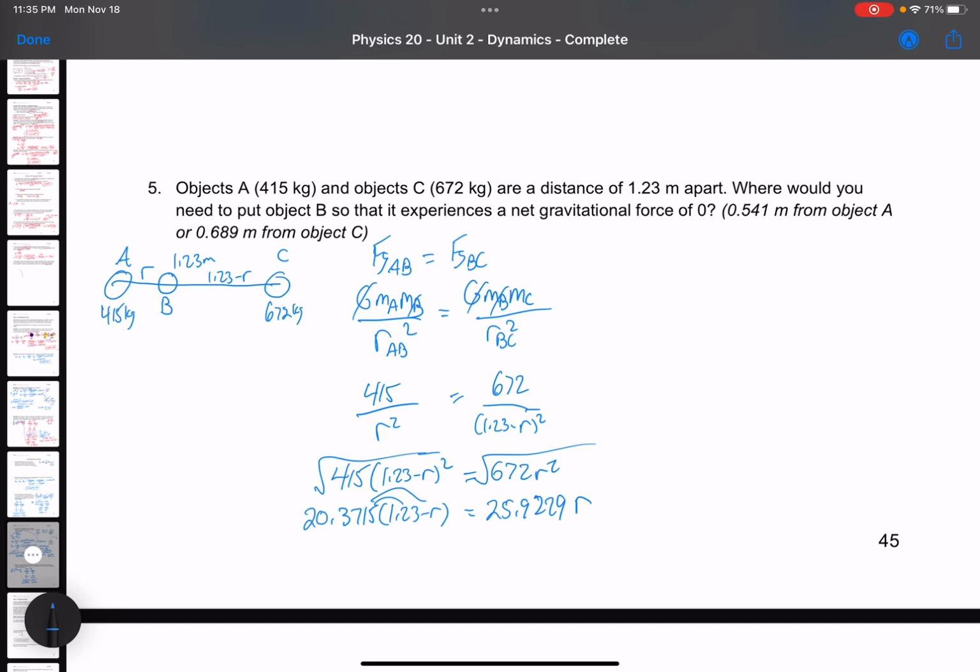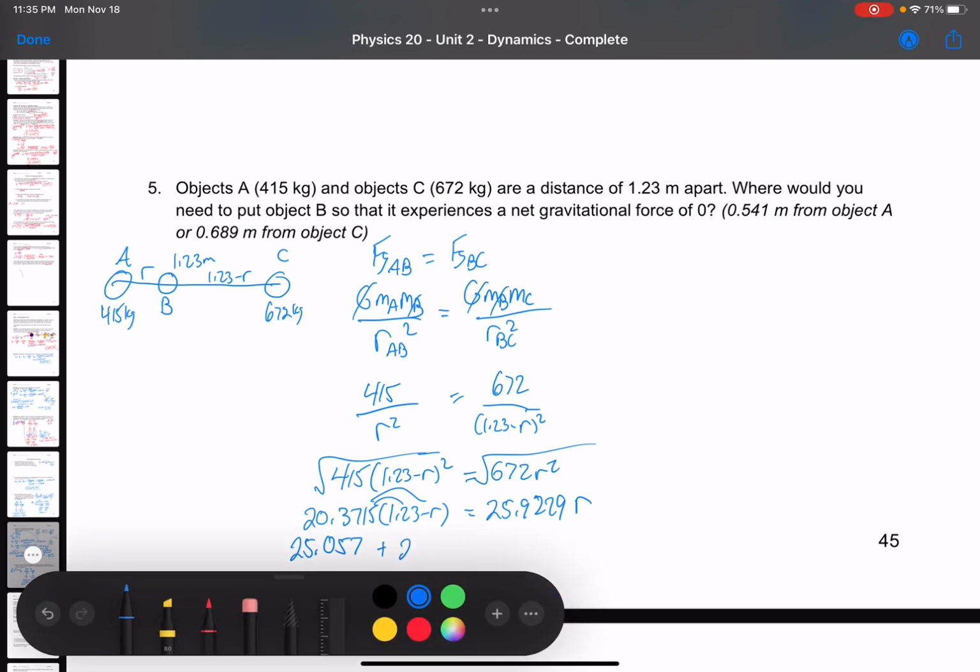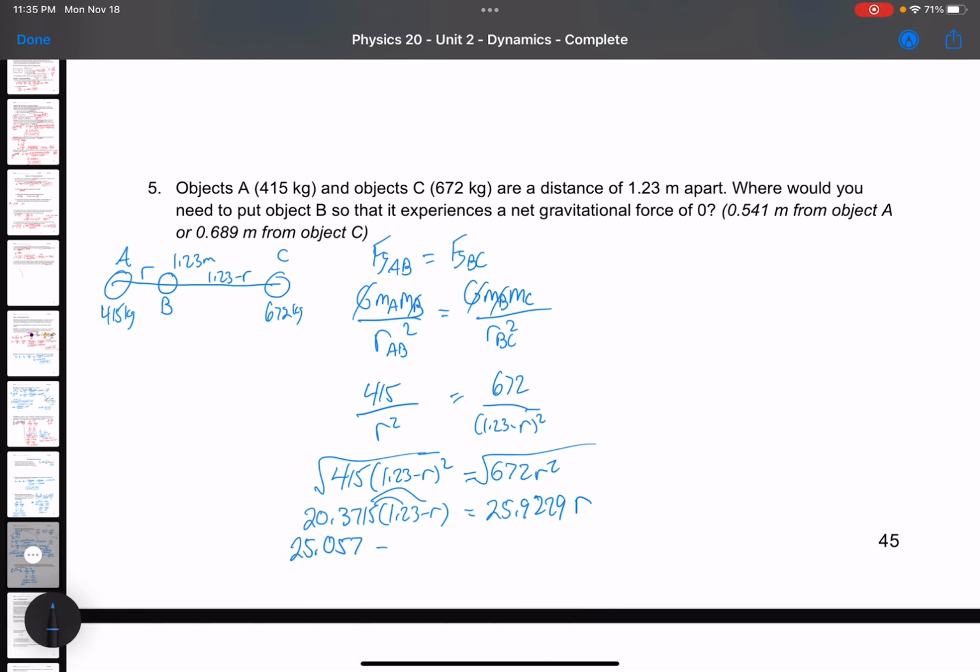So I'm going to use that whole number in my calculator, all of the decimals. So I get 25.057 plus, oh, that wouldn't be a plus actually, it would be a subtraction. So let's fix that up, subtract 20.3715 r is equal to 25.9229 r's. Grouping like terms, trying to keep r positive means I add these ones to the other side.